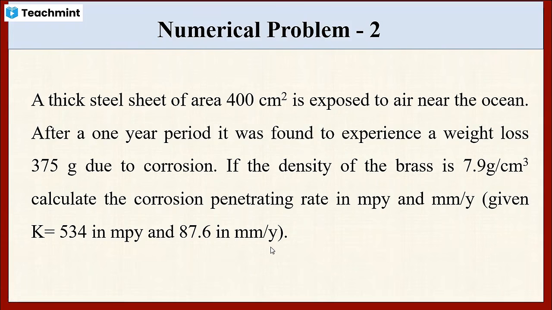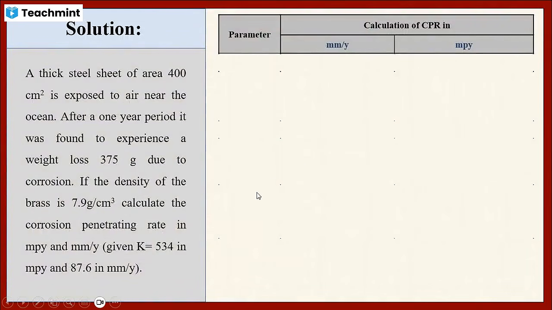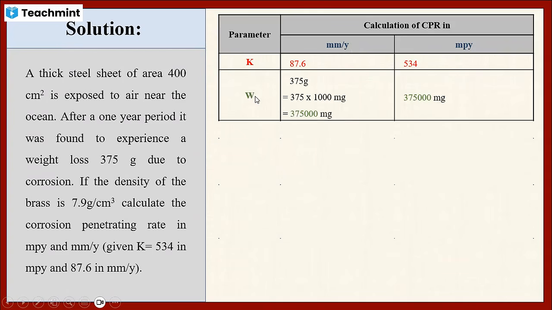So to solve this problem, here also we have to draw a table which includes parameters and the data required for MMY and MPY. In this problem, the K value is 87.6 for MMY and 534 for MPY. Then the weight loss value is 375 grams.